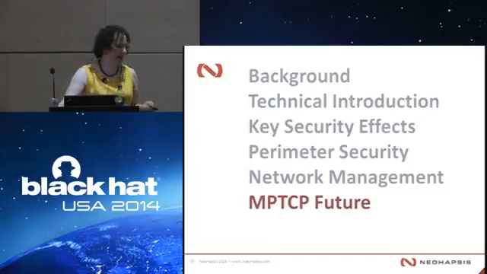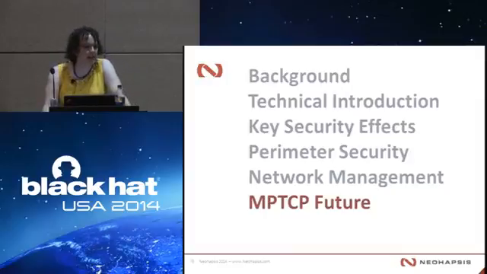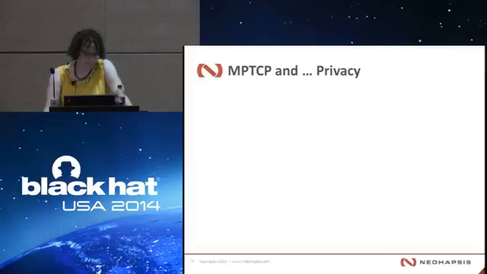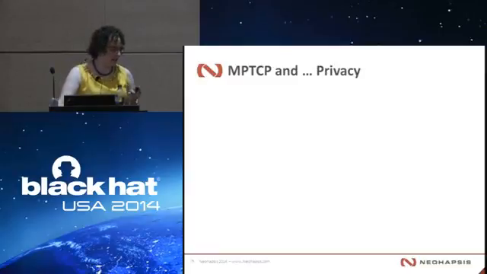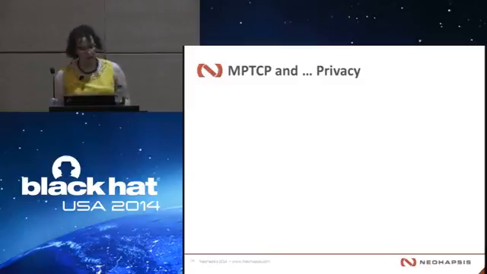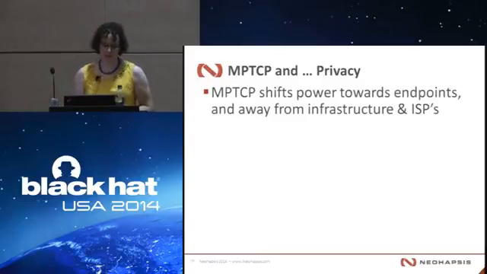Okay, so that's what we can do today. What about in a hypothetical future where everything is speaking in this kind of tech? What do we do then? Well, before we get there, the things that scare network operators about multipath TCP are taking control away from them towards the endpoint. Now, if you're trying to protect yourself from your network operator, you can use that to your benefit.